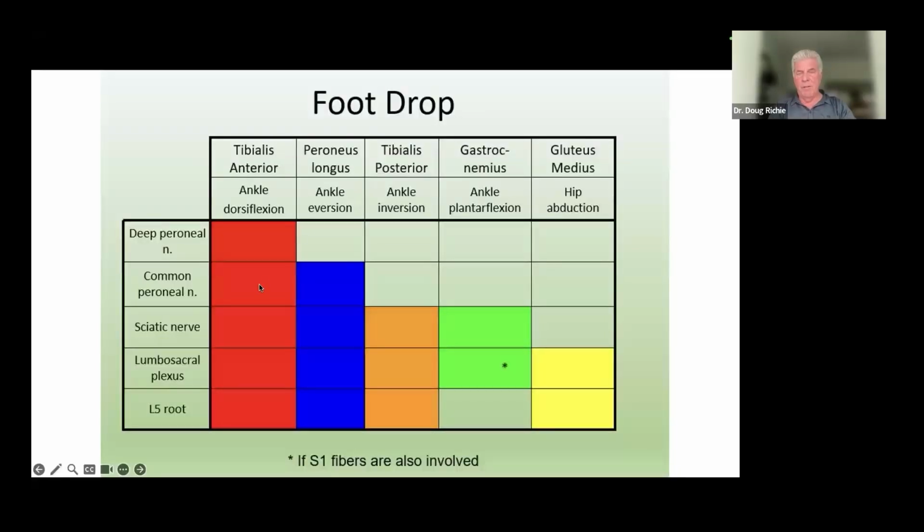So this common peroneal nerve, when it is entrapped or damaged, will affect both the ankle dorsiflexors as well as the peroneals. So when we see simultaneous effect of both the dorsiflexors and peroneals, we pretty much know this is not just deep peroneal nerve, but it's common peroneal nerve.